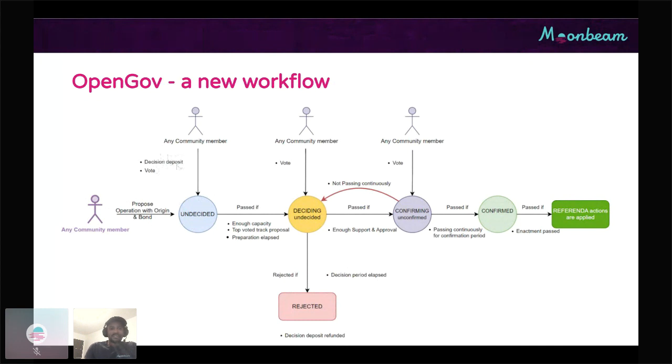Assuming the decision deposit has been put, this proposal in the undecided state will move to the deciding state only if there is enough capacity. This is where we can drive how many proposals can be done in parallel. The capacity can be 1, 2, 3, or 5, and 5 means that we can have 5 proposals in deciding state, going through the next part at the same time.